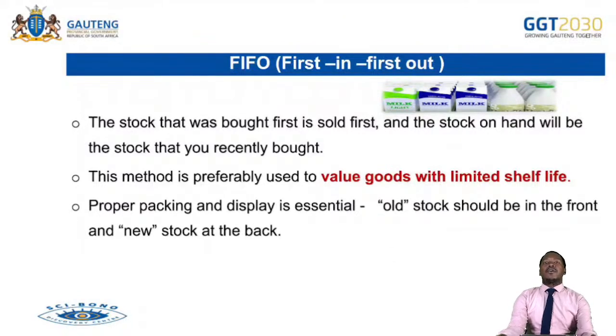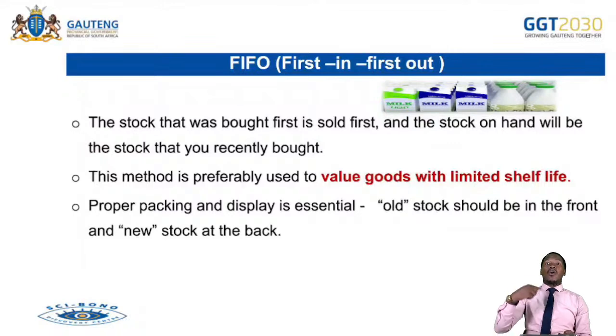Right. Now, how do we see FIFO taking place in actual businesses? We are saying that they are properly packing these items. If you go to ShopRite or Spar or any other supermarket with a good packing system, you will find that the product that they bought first will be on the front shelf, and the ones that are bought last will be at the back of those particular products. If they are selling bread, the one that will be expiring sooner will be in front of your eyes.